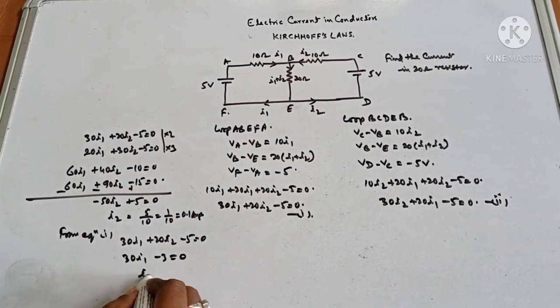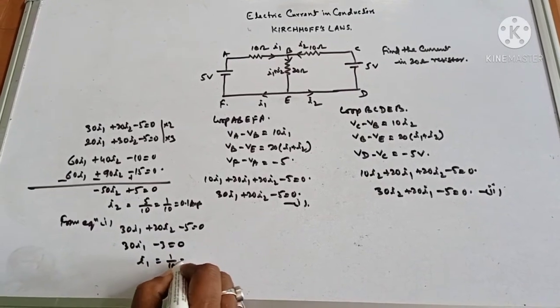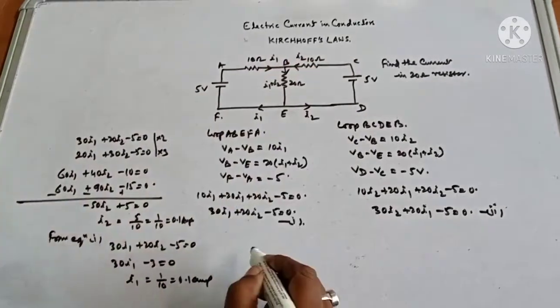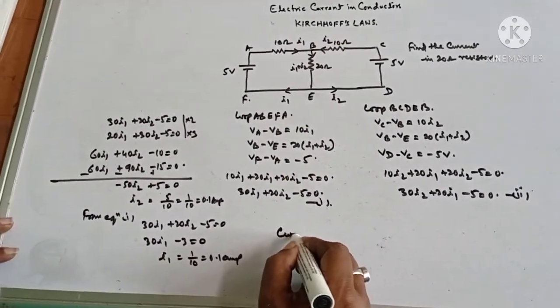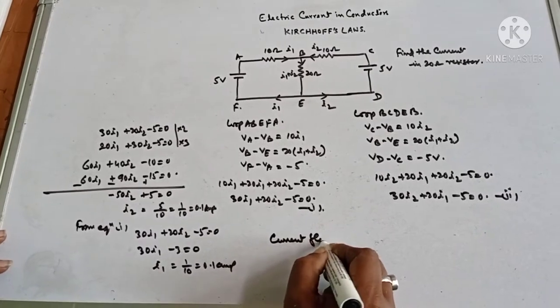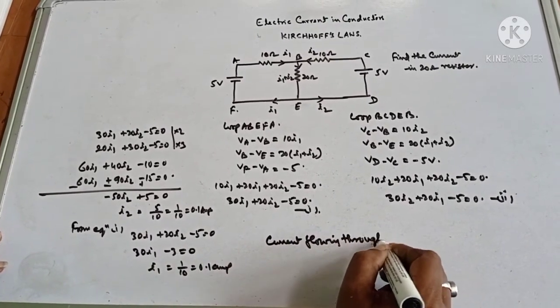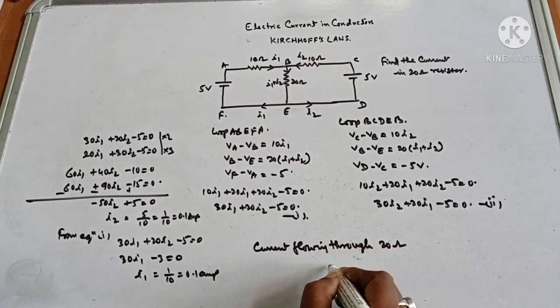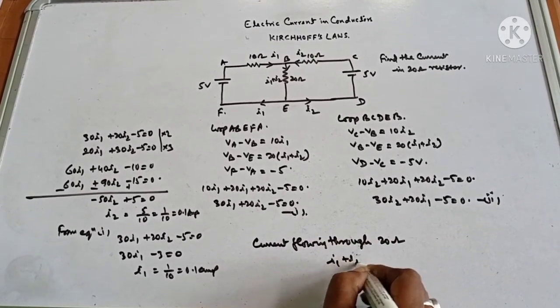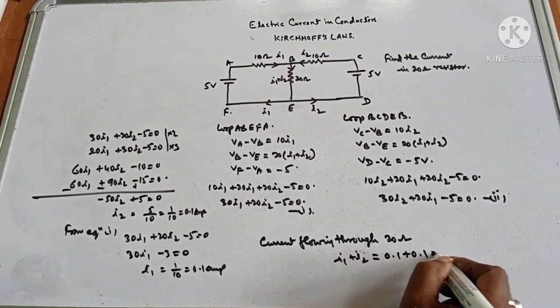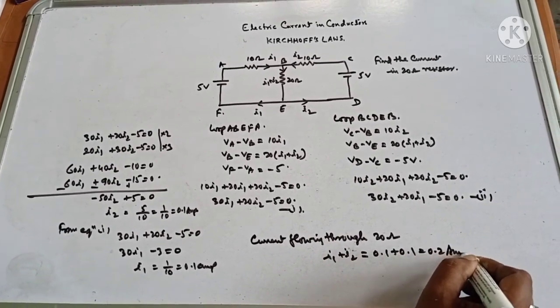So I1 will be again 1 by 10, that is equal to 0.1 ampere. So the current flowing through the 20 ohm resistance will be I1 plus I2, that is 0.1 plus 0.1, that is 0.2 ampere. This is the answer.